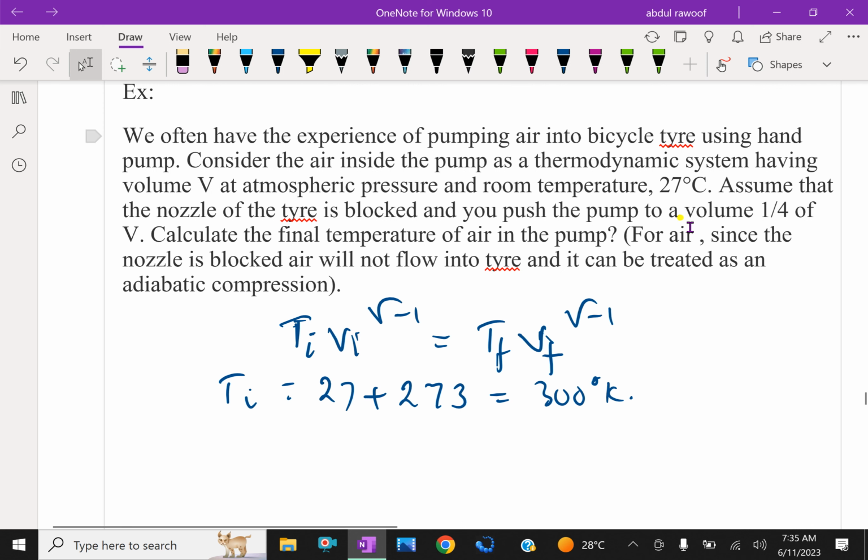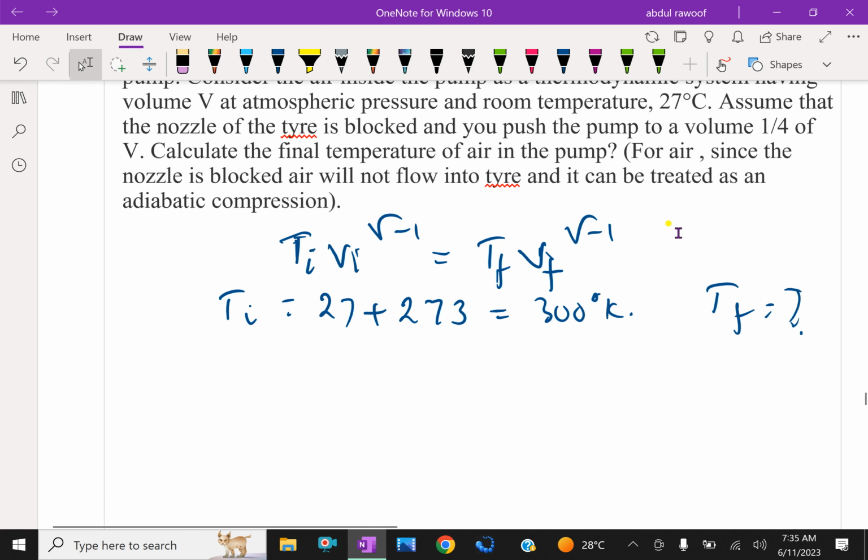Now we have to find T final. What is the final temperature? Also, V final is V initial by 4. This is given.